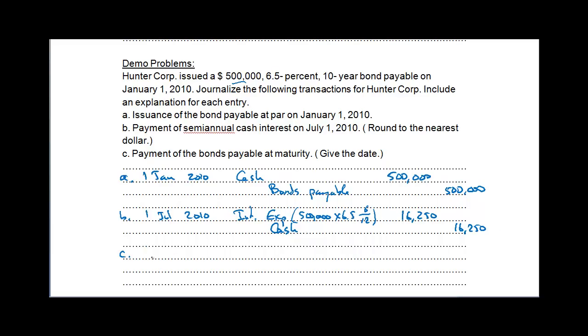And finally, 10 years down the road, on the 1st of January 2020, or December 31st, 2019, whatever, we unborrow by debiting the bonds payable and crediting cash at the maturity value of $500,000.